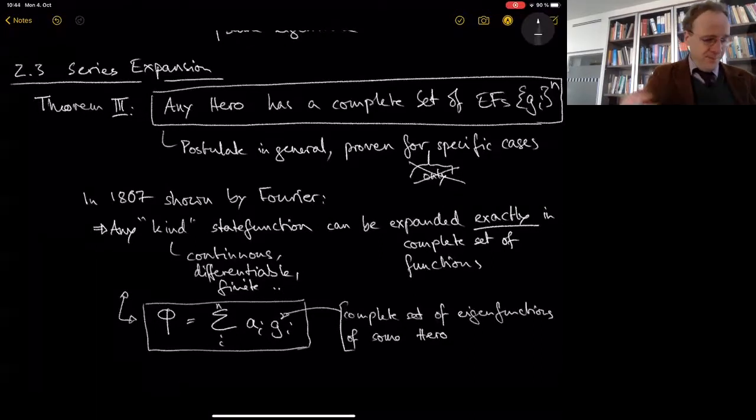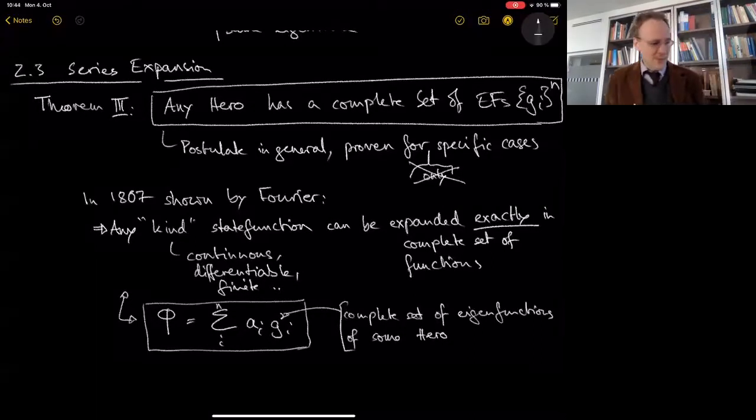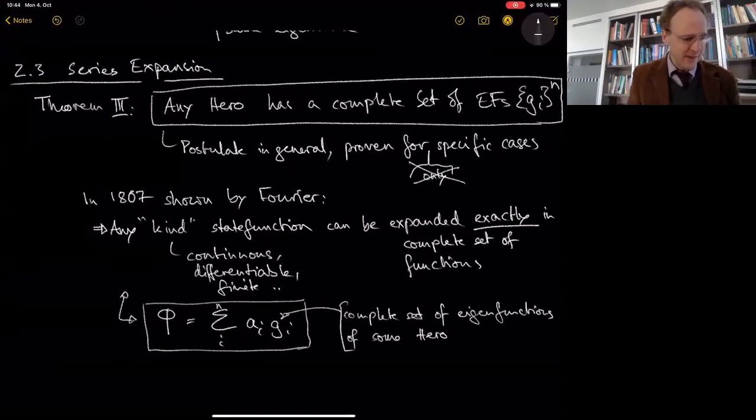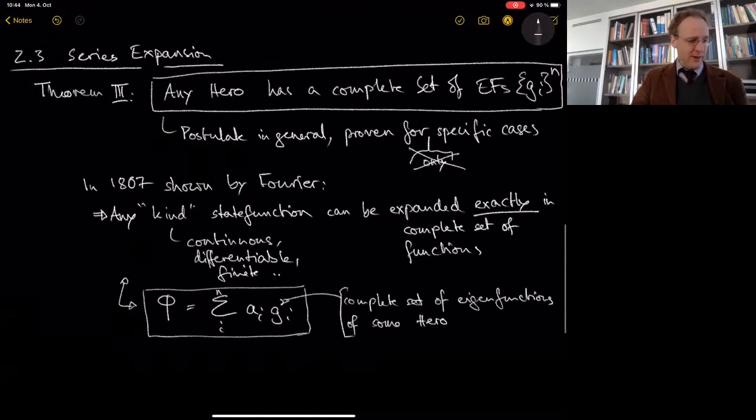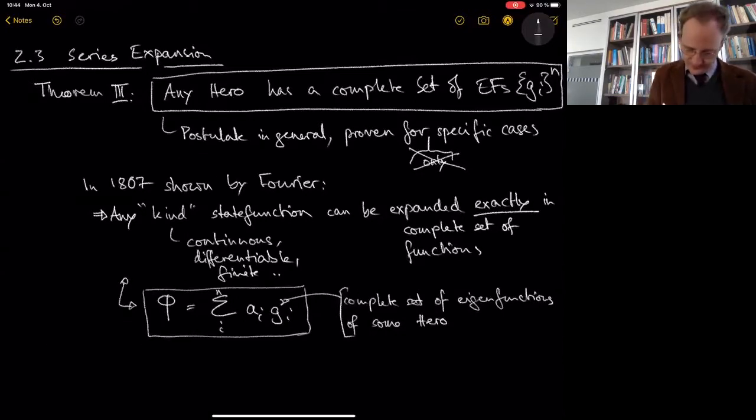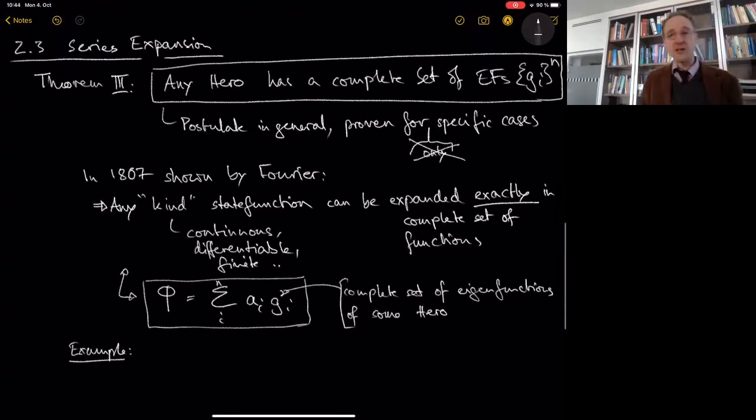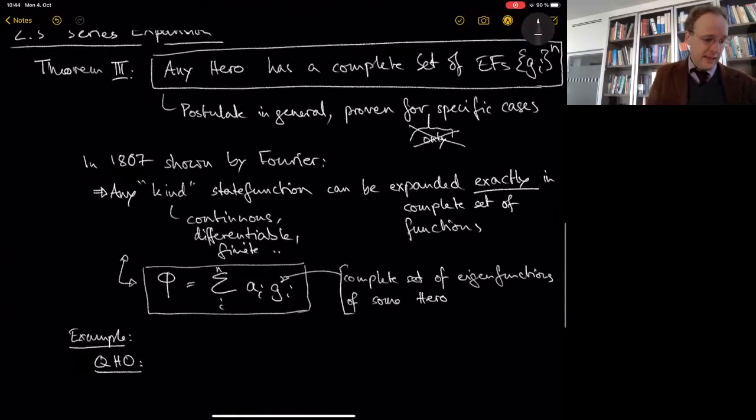So you know examples of such eigenfunctions. Think about something like the eigenfunctions which you get from the quantum harmonic oscillator. Okay, the quantum harmonic oscillator has some eigenfunctions.